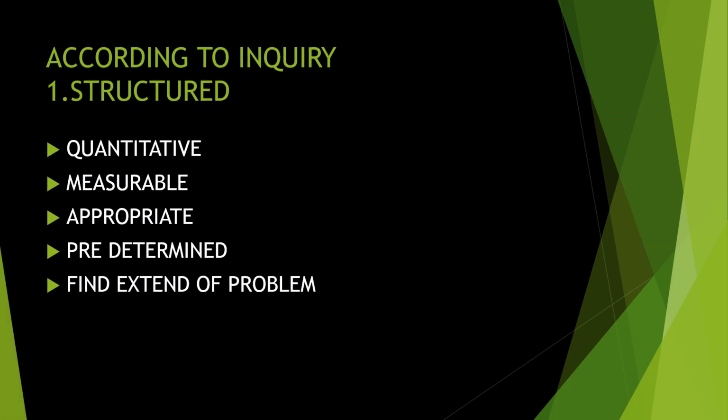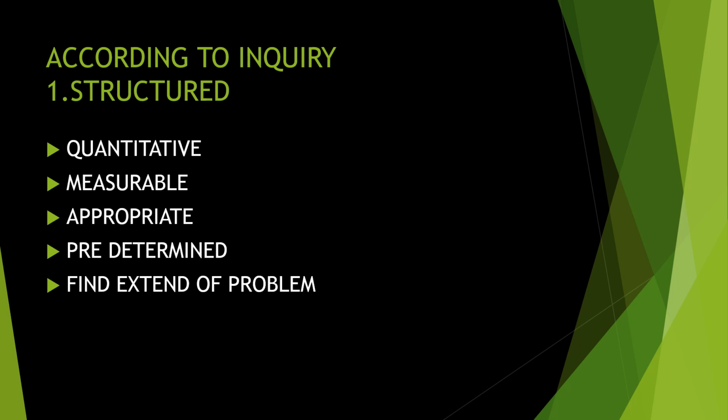According to the different types of researches, according to the inquiry, research is of two types. One is structured and another is unstructured. I have already told in the previous class, structured means you have a clearly planned work. It is quantitative.